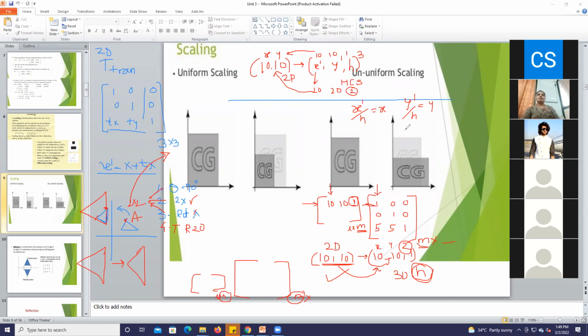Getting it, all of you? Yes, ma'am. Right. So this is the concept of overall scaling किंवा आपण म्हणतो homogeneous coordinate system.